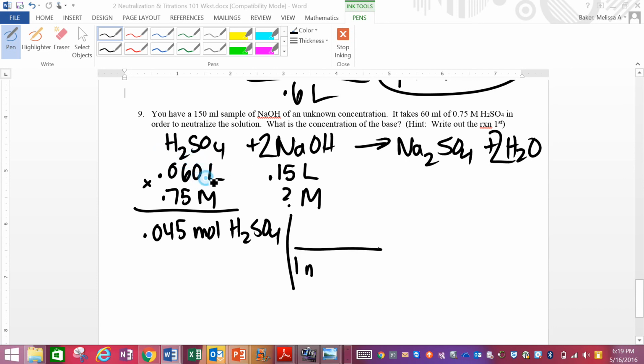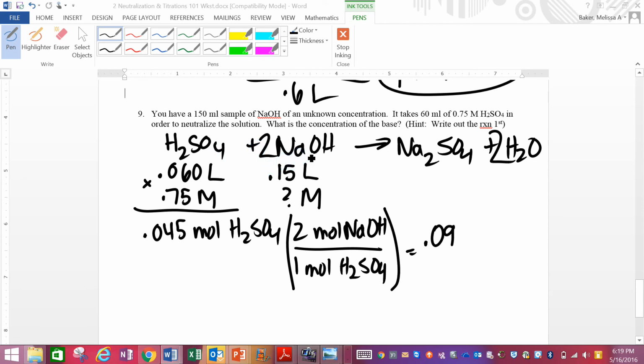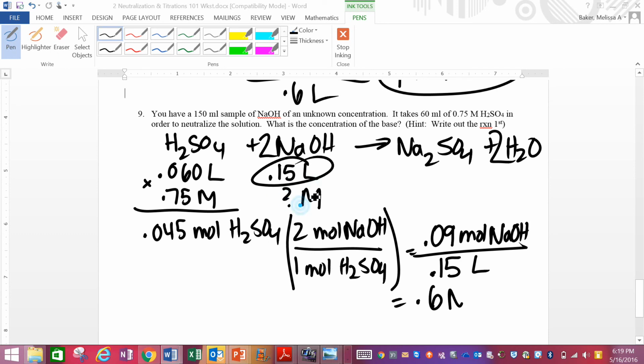For every 1 mole of H2SO4, you need 2 moles of NaOH. Multiply across the top, divide by the bottom. That's 0.09 moles of NaOH that must have been in there. Divide by how much there was. There was 150 milliliters. That's 0.15 liters. The concentration of that base must have been 0.6 molar NaOH.